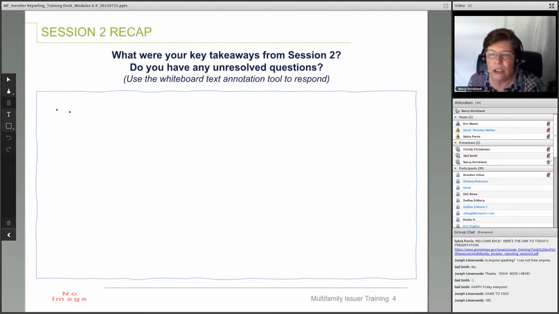Please use the annotation tool by clicking on the T for text and typing on the whiteboard or the screen any of the items that you thought were a good takeaway item from Wednesday. Also, if you have any unresolved questions, we would like to hear about those. You can either unmute yourself or enter your question into the chat box.